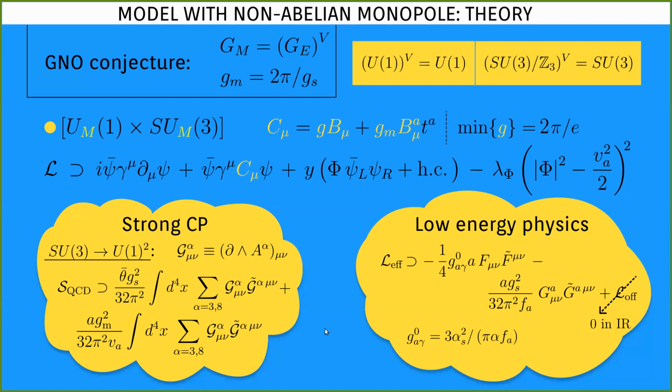Now coming to the low energy physics, it can also be shown that the Schwinger proper time method, which we used in the abelian case, can be easily generalized to the non-abelian case. And in fact, we also get the conventional F F-dual term and G G-dual term in the effective Lagrangian, but not only, because when we integrate out, we get the dual field.